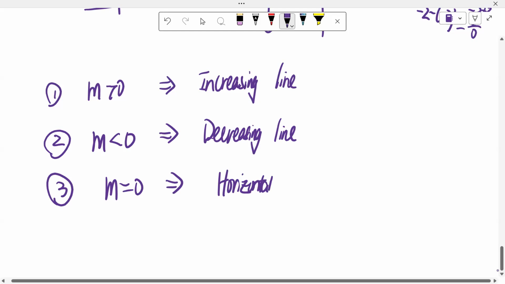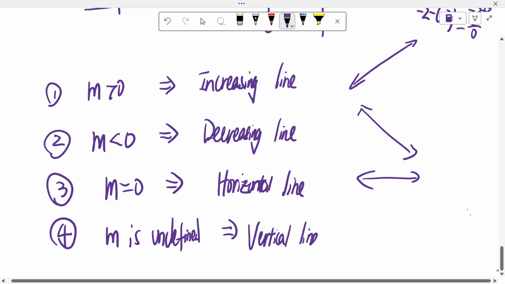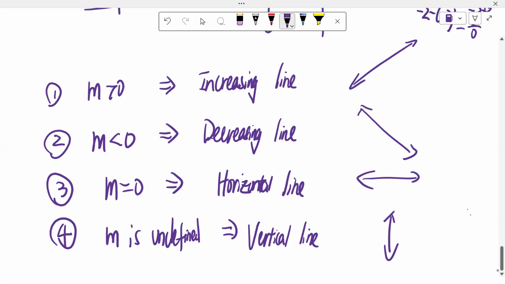It's neither going up nor down, it remains flat. And the last scenario is the slope is undefined, meaning a vertical line. So from left to right: increasing line, decreasing line, horizontal line remains flat, and undefined means vertical line. So that's 4 different types based on the slope. Slope gives us an idea of what a line looks like. Any questions about this?